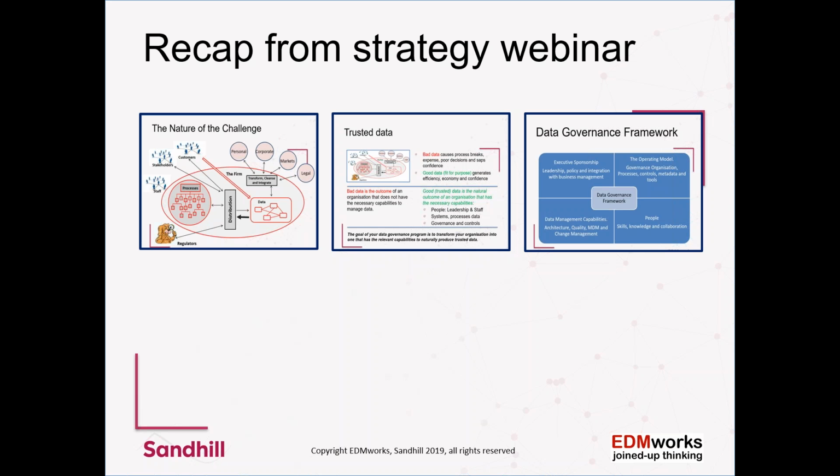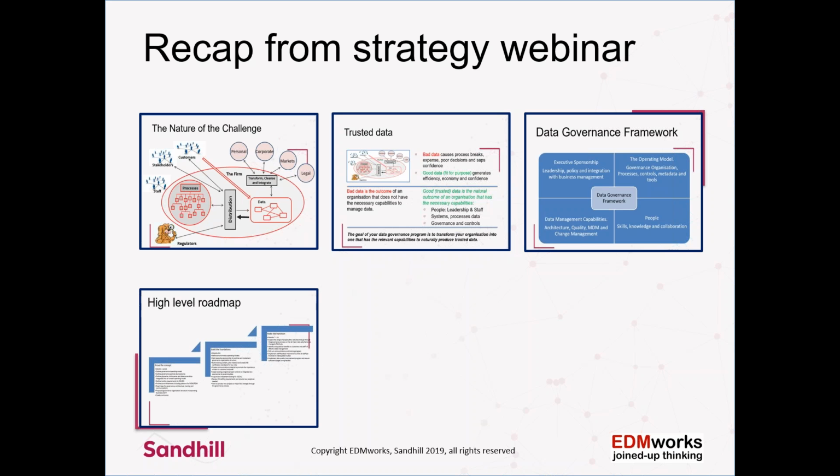There's an executive component, there's an operating model of processes and technology, there's core data management capabilities, and then there's a big focus on people. So what we're looking to do is construct a framework and develop the organization around that framework so the organization is capable of producing trusted data.